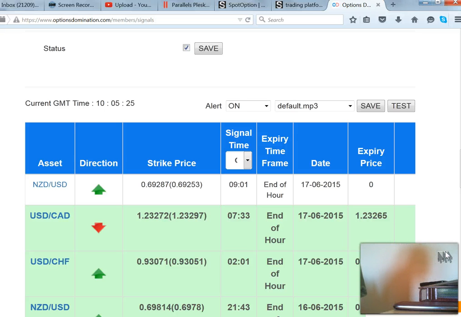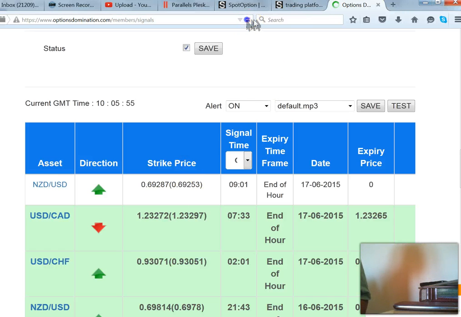I would say you could get a 70 to 80% success rate using the unit of prosperity signal alone. But obviously, what I am doing is I'm using it to confirm the signals sent out by options domination.